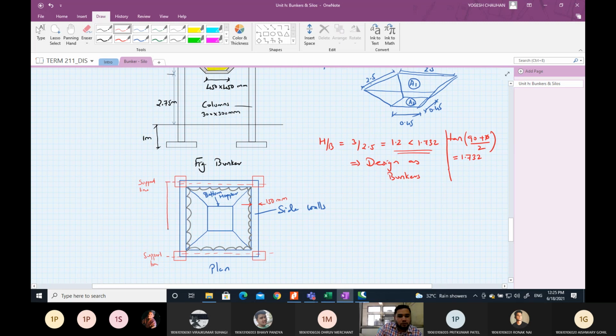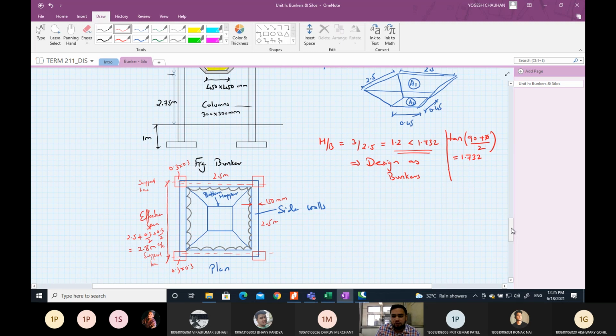So the effective span will be, this is 2.5 meter. So effective span will be 2.5 plus 0.3 by 2 plus 0.3 by 2, so it will be 2.8 meter center to center.